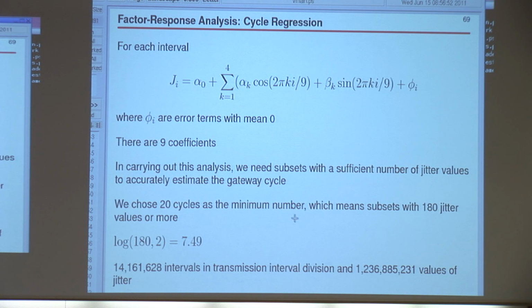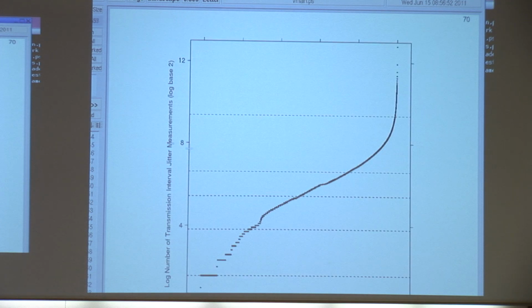All right, so we take 180 or more values. Now, we do have a picture. The log base 2 of 180 is 7.49. I think the picture is here. Remember, this is the plot we saw earlier that shows the log number of jitter values in the 14 million transmission intervals, and 7.4.